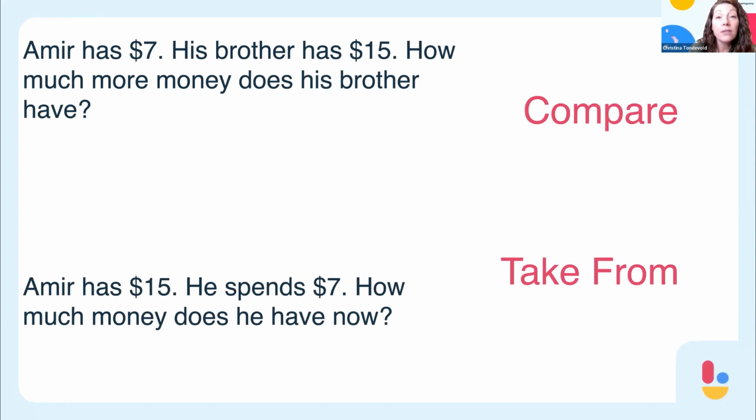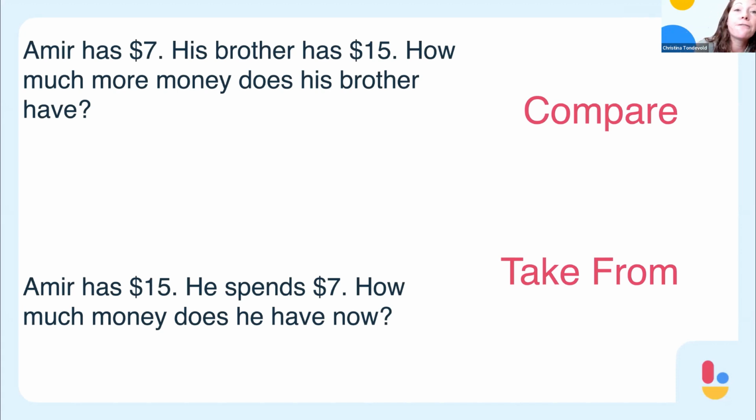Those are the two types of situations that we want to ensure kids understand. That is when subtraction happens, right? Subtraction can be when you compare, and subtraction can happen when you take away. Those are the types of subtraction problems, okay?